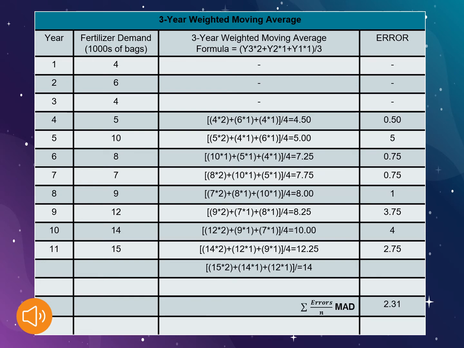So we're going to move to our MAD. Again, the formula for getting the MAD is just the same as averaging. We just add all the errors and then divide by how many data points we have gathered from the errors.